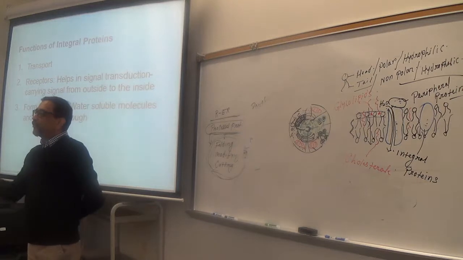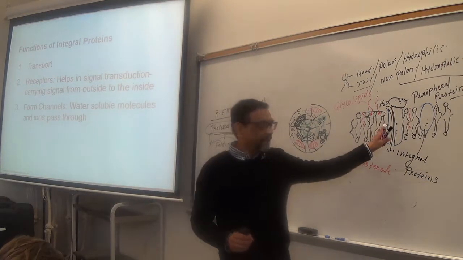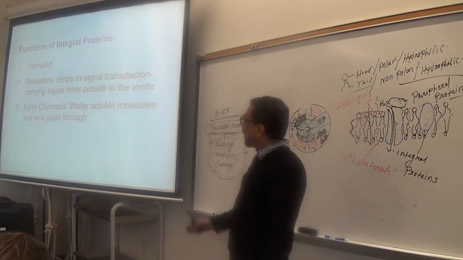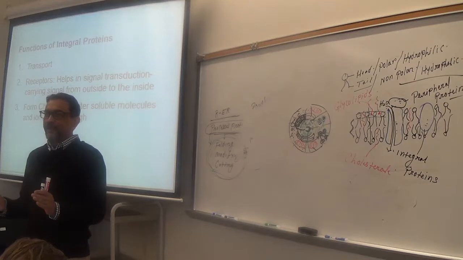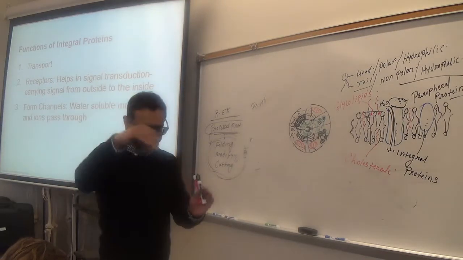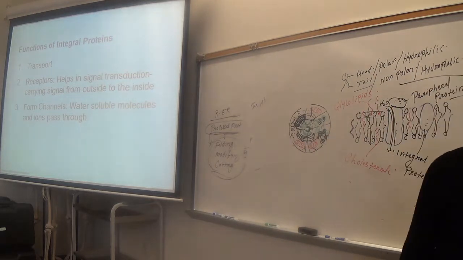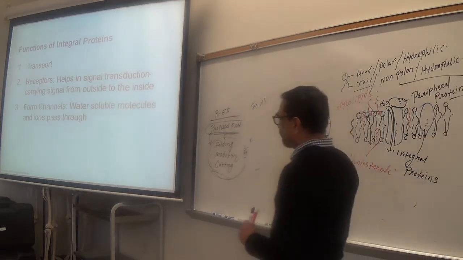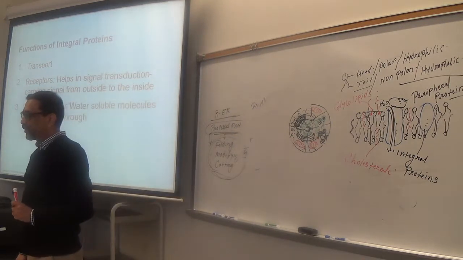Now we'll talk about the functions of integral and peripheral proteins. Integral proteins, one I have already mentioned, by forming channels, they allow the molecules get in or out. That is the transportation of chemicals, help in transportation of chemicals.